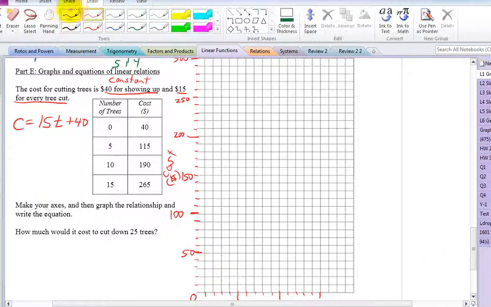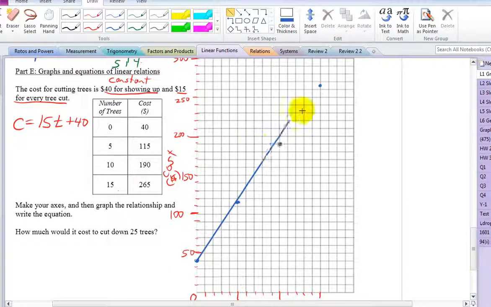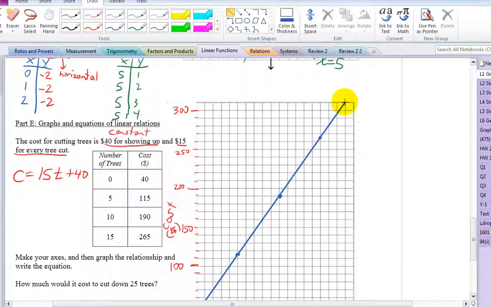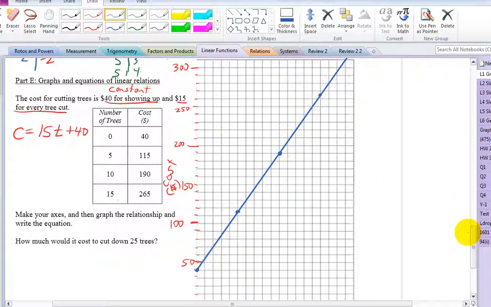So 0 and 40. 5, Okay, so plot your points and then you can make your nice line all the way through.